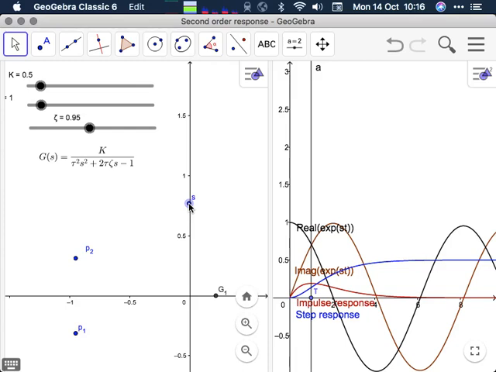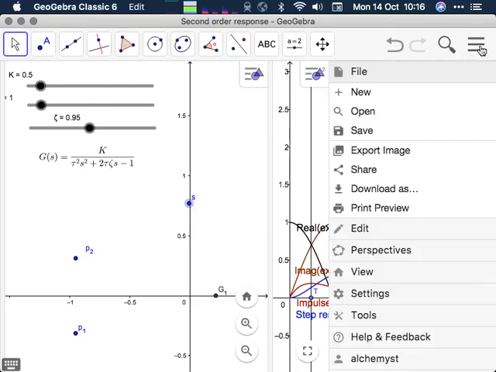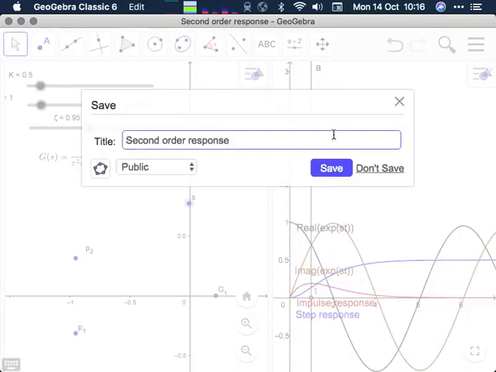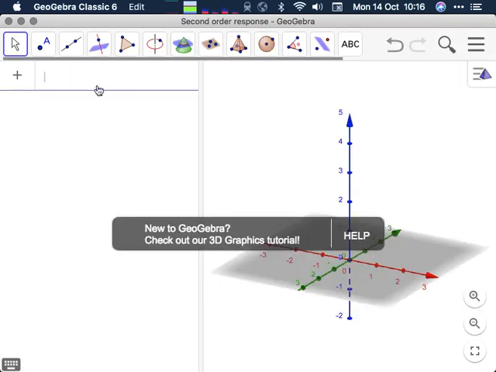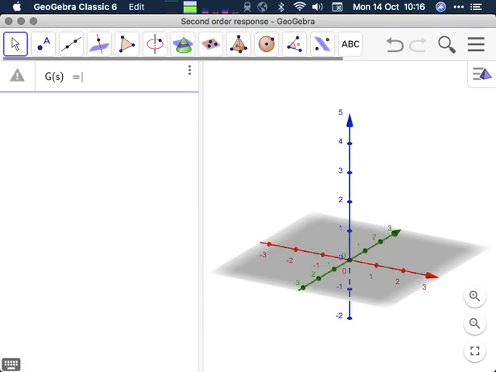Now, the last thing I want to show you that links this is if we now take a transfer function, and I'm going to do something interesting here. I'm going to do a 3D version of a transfer function. I'm going to define G of s, specifically a second order transfer function that has an oscillatory response, aka complex roots, aka zeta less than 1.